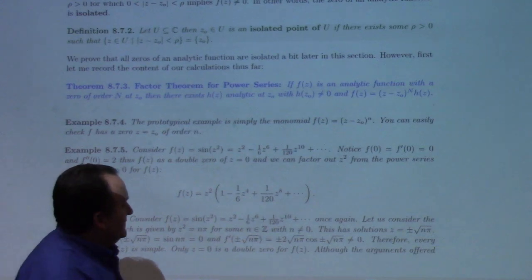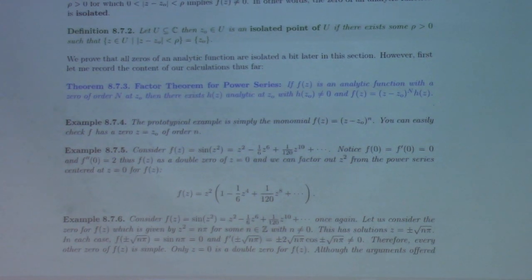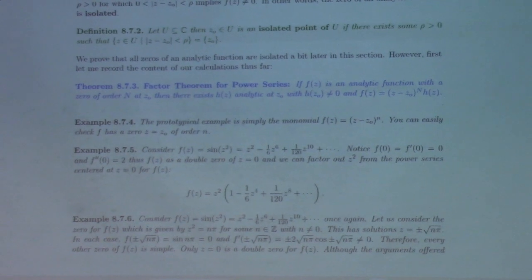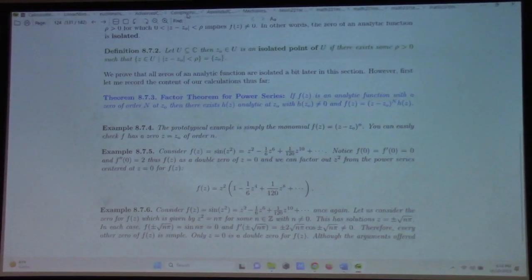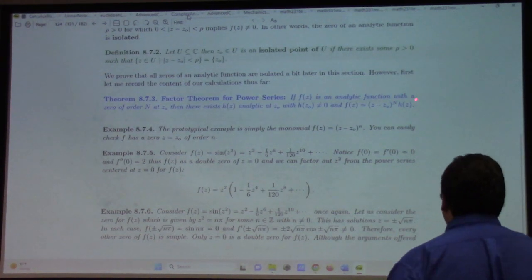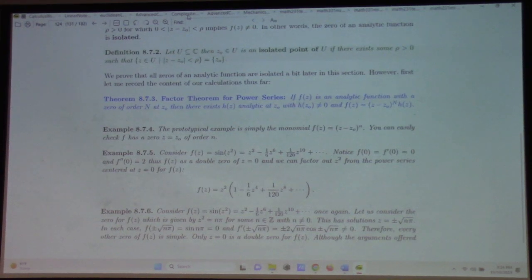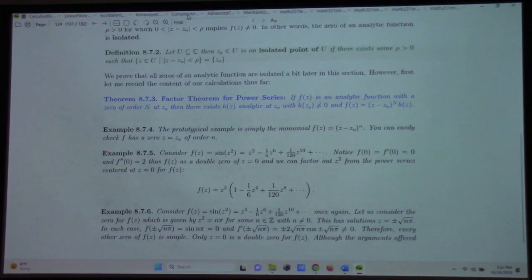If f of z is an analytic function with a 0 of order n, then you can factor out (z minus z naught) to the n, times a cofactor h of z, which is another power series, which is non-zero at the point. Okay? It's pretty cool. It's actually incredibly useful, theoretically speaking.